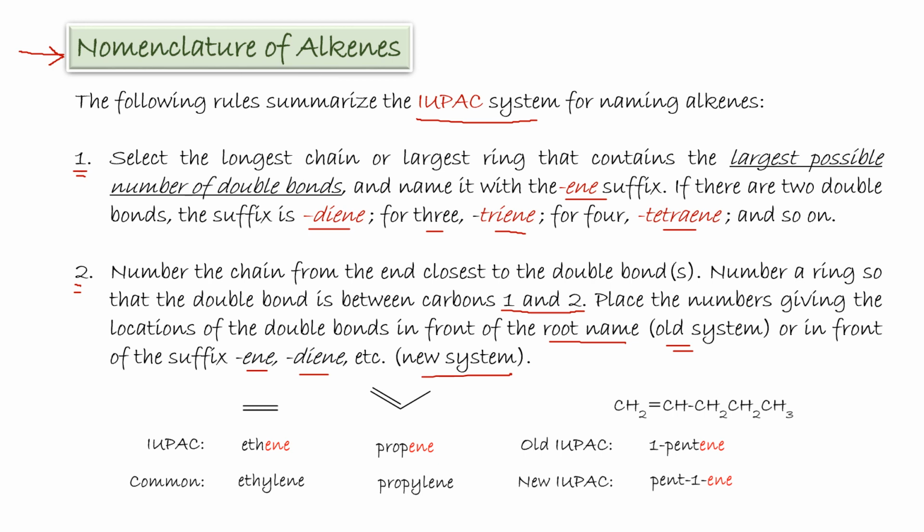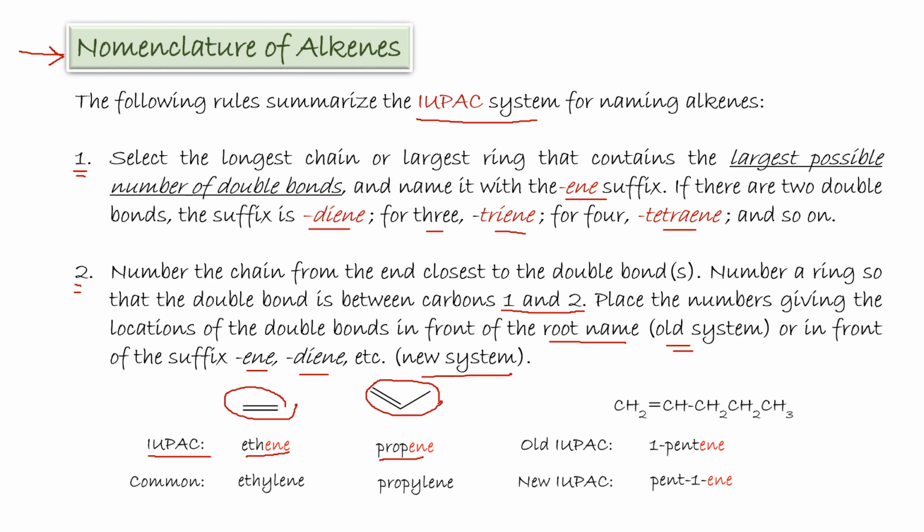Okay. Now, let's see IUPAC. This compound is called ethene. This compound, propene. This is 1, 2, 3, 4, 5 carbons. That's pentene.